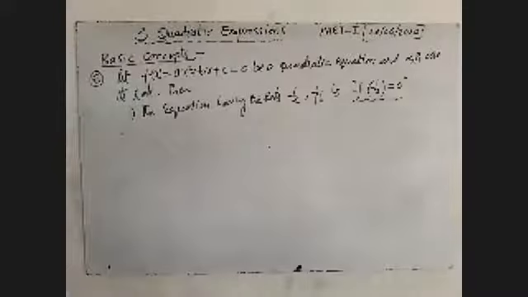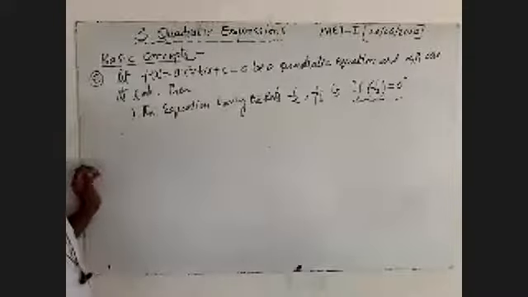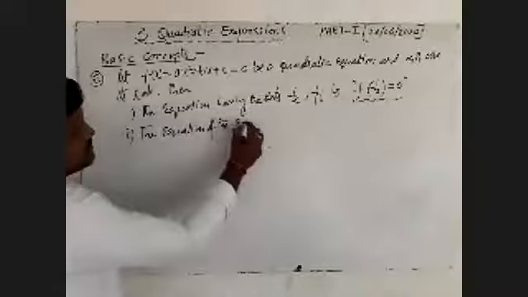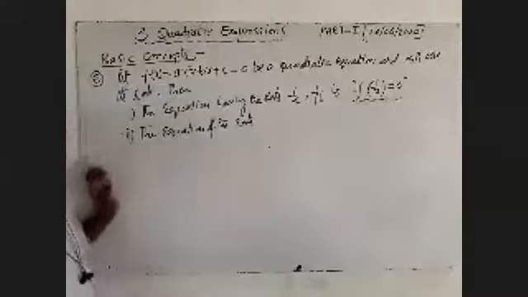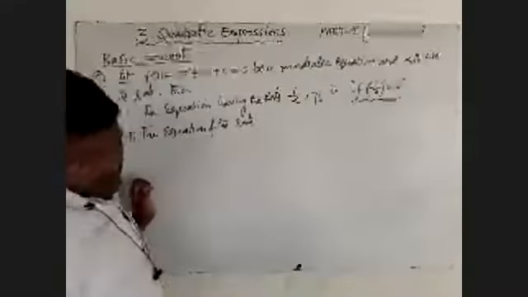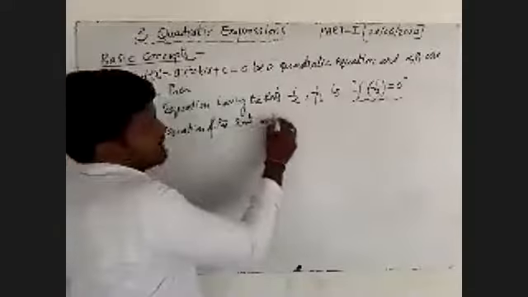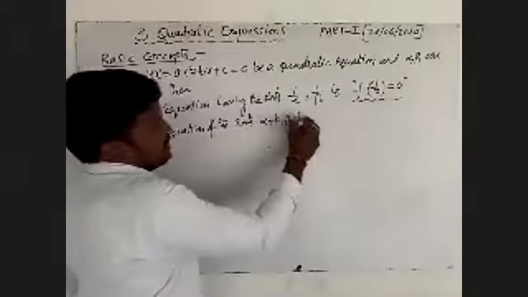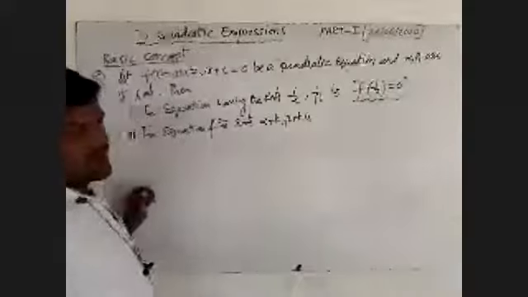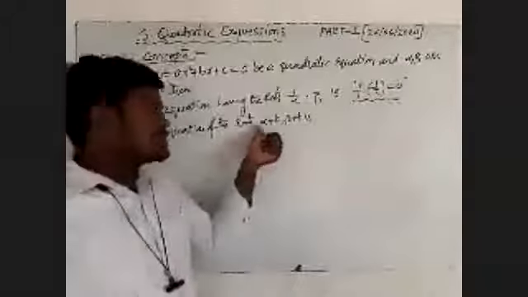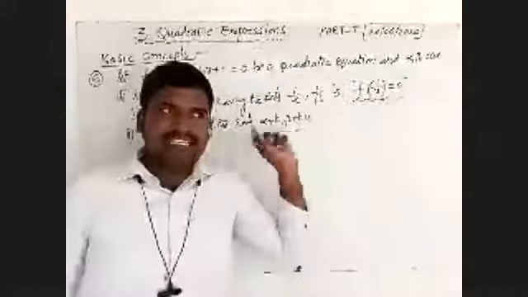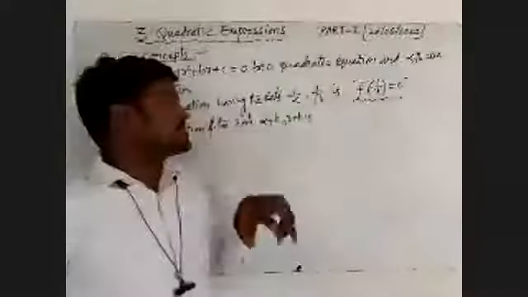Now I am going to the next one, that is the equation of the roots when it is of the form alpha plus k comma beta plus k. Where the root alpha plus k is equal to 0, then alpha is equal to minus k.